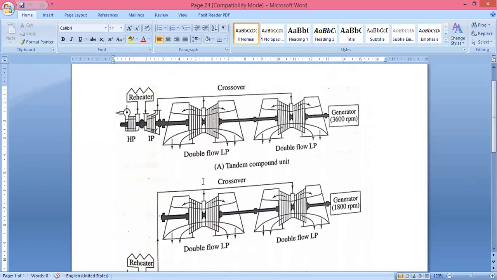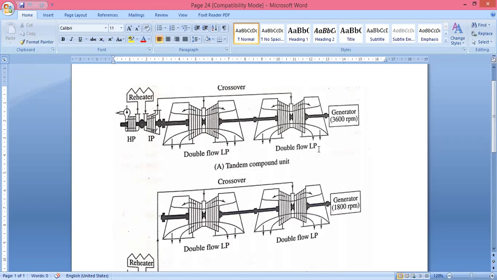Tandem compound means on the same shaft, all high pressure, intermediate pressure, double flow low pressure, another double flow low pressure with the crossover, are all operating there.